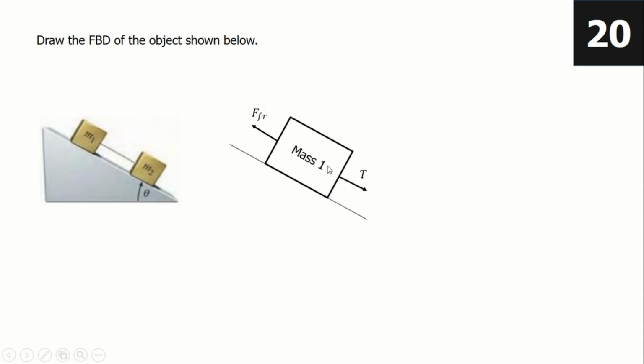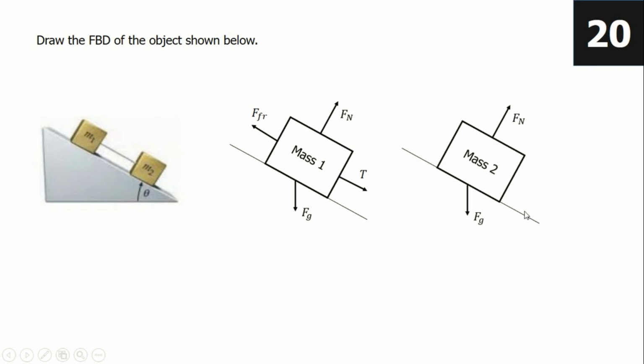Since we assume that it's moving downward, we have a frictional force due to the interaction of the molecules of the bottom of this mass 1 with the surface of the ramp. Okay, so the direction of the frictional force is opposite of the motion. Again, as a while ago, gravitational force will be straight downwards, and the normal force will be perpendicular to the surface.